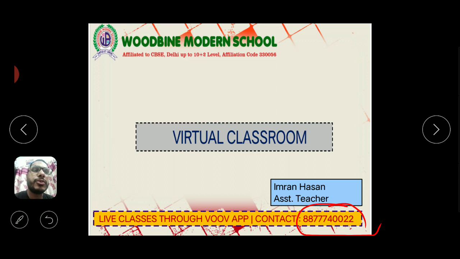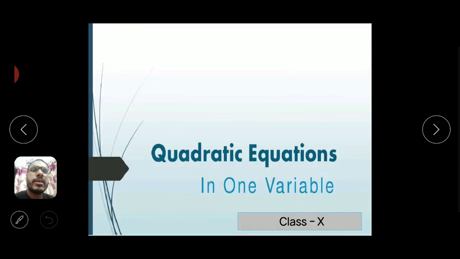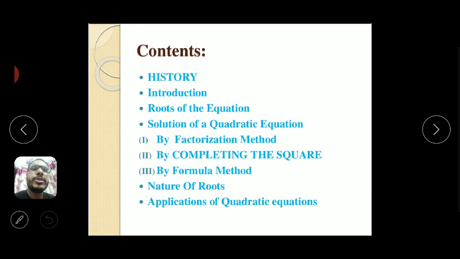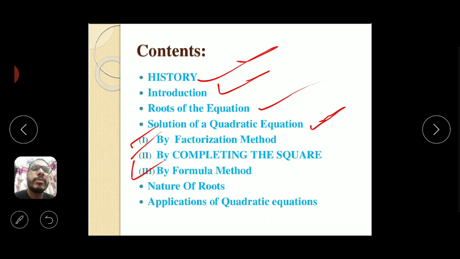So let's start with the chapter, that is quadratic equation of class 10th. Proceeding to the contents here, first we'll be talking about the history and then the introduction of quadratic equations, roots of the equations, solution of a quadratic equation, and there are three ways of finding the solutions of a quadratic equation, that is by factorization method, by completing the square method, and the last is by formula method.